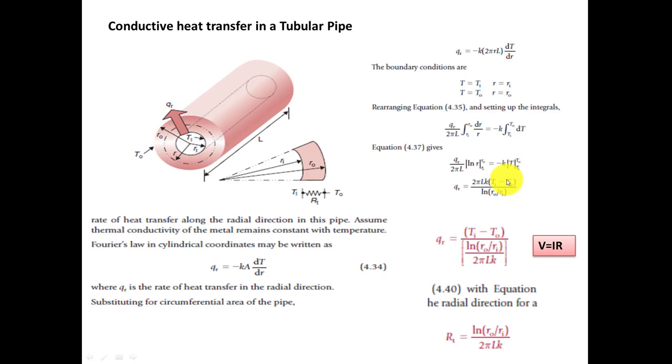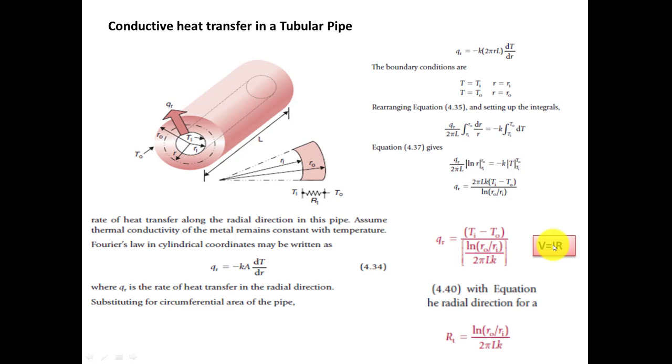To represent this equation in the form of Ohm's law or thermal resistance, which has been shown in this picture as RT, this equation can be written as Qr = (Ti minus To) divided by natural logarithm of ro upon ri divided by 2 pi Lk. So this value, natural logarithm of ro upon ri divided by 2 pi Lk, is the RT. Fine. An analogy has been established because I is the electric current.